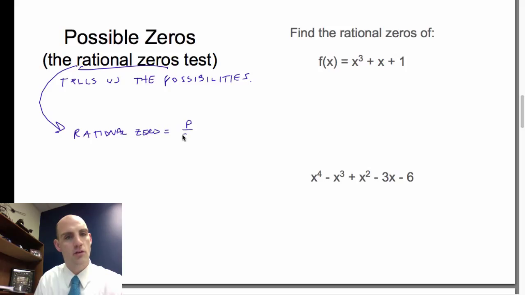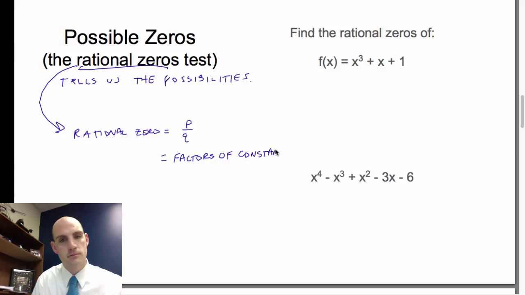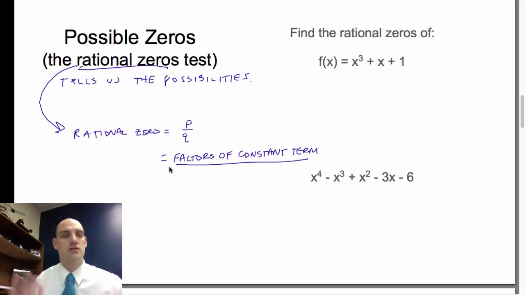equals P over Q, which is really equal to, well, that doesn't really mean a whole lot. Where the heck do P and Q come from? It's going to be the factors of the constant term over, so it's a fraction because it's a rational number, over the factors of the leading coefficient.